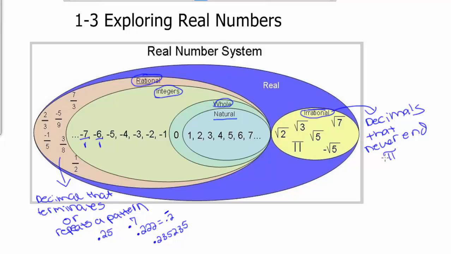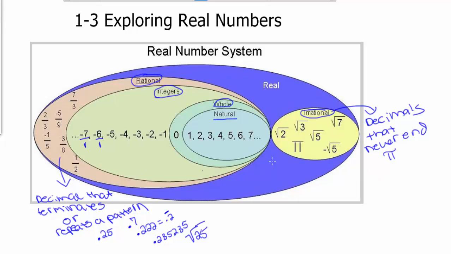It keeps going on forever. If you put it in your calculator and it keeps going on forever and doesn't repeat, then that is an irrational number. Any square root you take that isn't a perfect square. Over here under rational, you could also have the square root of 25, because we know the square root of 25 is 5. But the square root of 3, it just keeps going on forever.